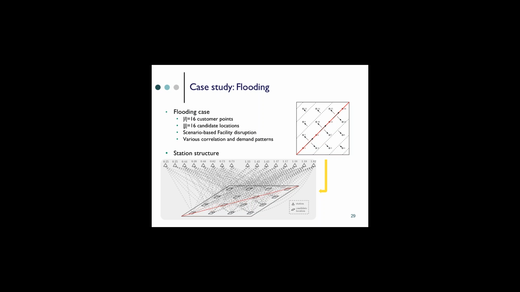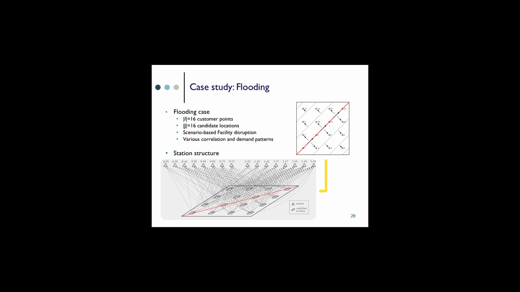The final case we run is a flooding case. In this case, we use the same grid network, but here we have a river across this region, and we assume that the flooding can happen at any of these places. Then after it happens, it can spread out in all directions.